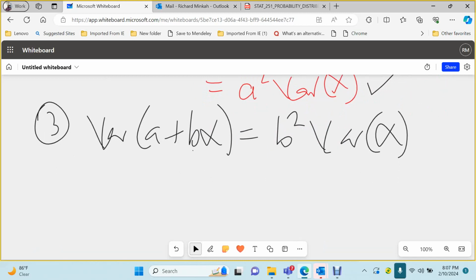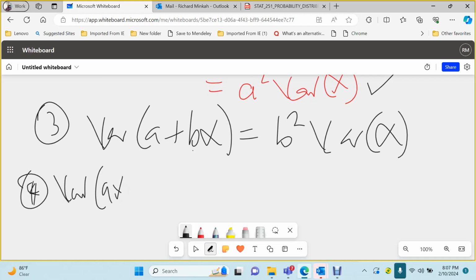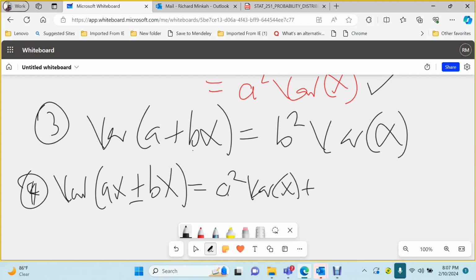Number 4. Variance of aX, I'm going to put plus or minus bY. Can you help me do this? The first one will be a squared variance of X, plus b squared variance of Y. Plus or minus?